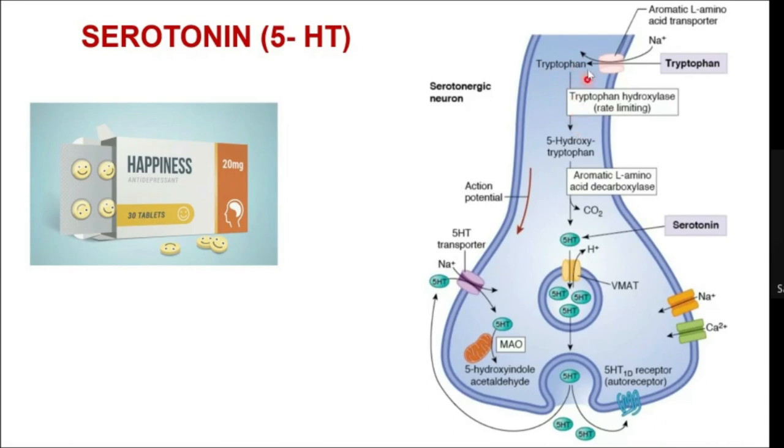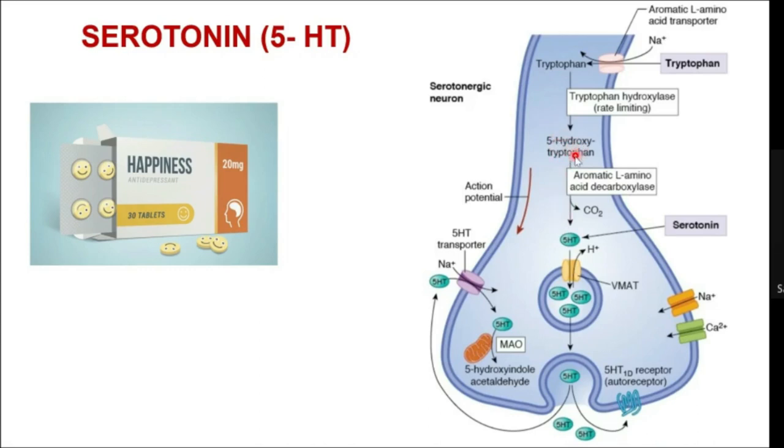Since this is a rate limiting step, it is very important: if we have more activity at this step, the amount of serotonin is going to be more; if it is less here, it is going to be less. So the amount of serotonin is dependent on this conversion of tryptophan to 5-hydroxytryptophan.